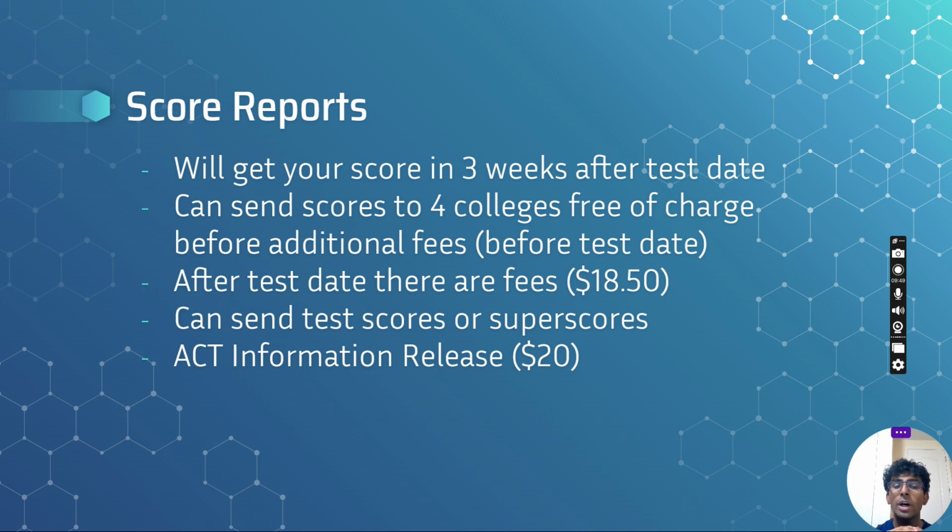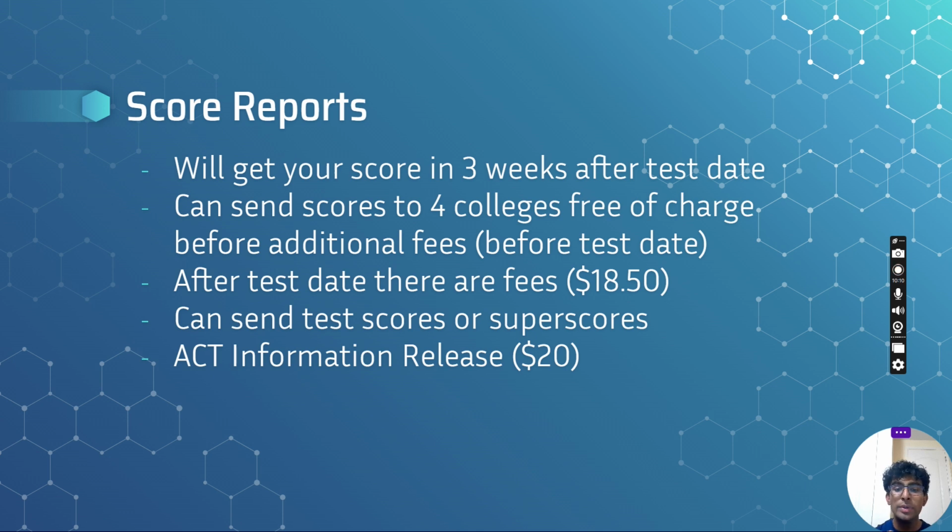And also another tool is the ACT information release. This isn't offered for every single ACT. It's offered 7 times a year, but on 3 of them, you have the option to enroll for the ACT information release. This is basically where they will release your tests and your answers and kind of help you understand what exactly you missed.